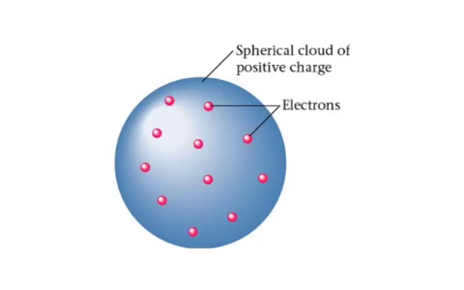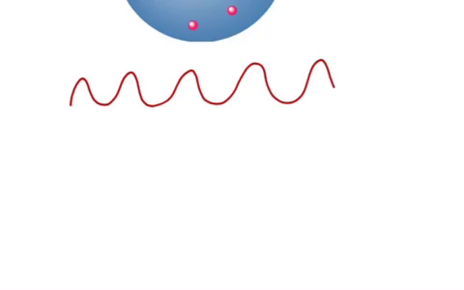One of the first people that had input on what the atom actually looked like was a guy named Thomson. What Thomson knew was that if you had an electric field, so let's call this an electric field here, electric fields are always charged negatively.